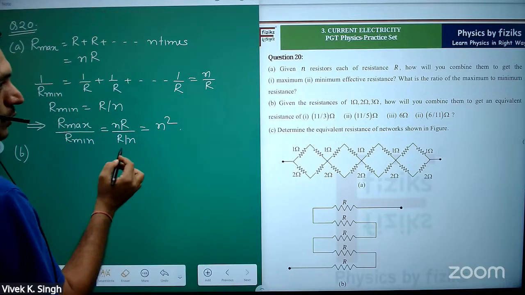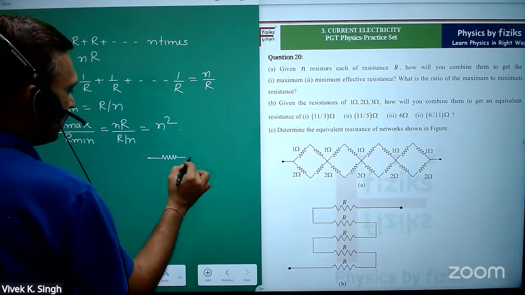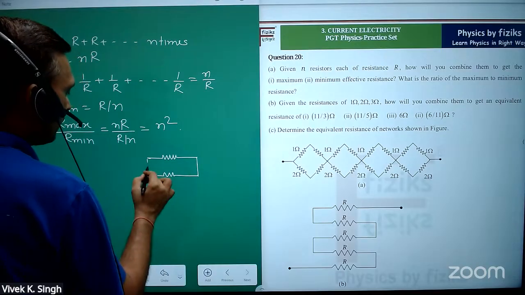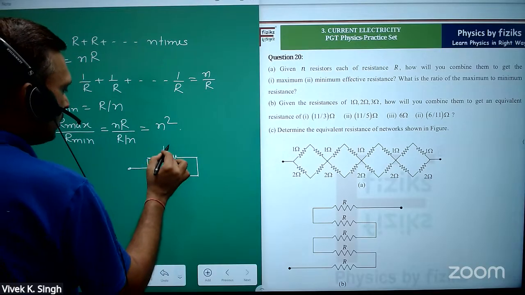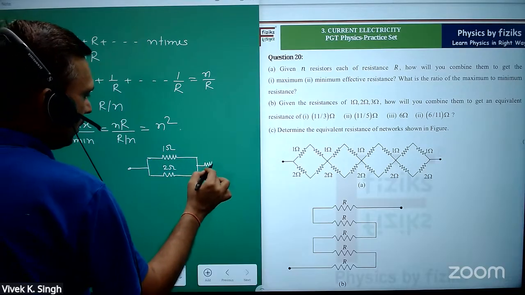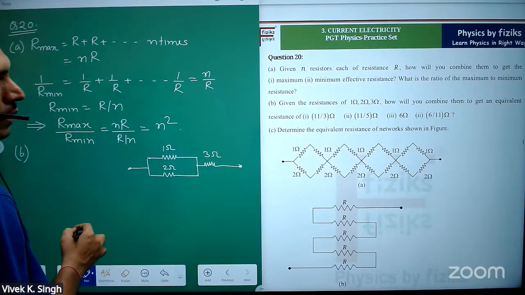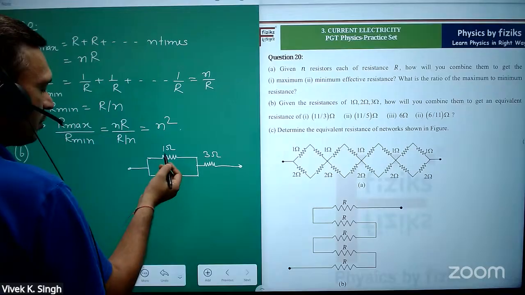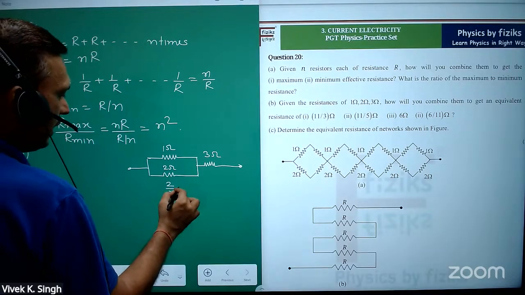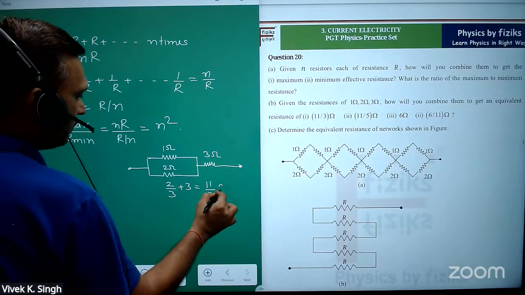Yes. So let's take this. This is 1 ohm. This is 2 ohm. And then this will be 3 ohm. Because this combination will give you 2 by 3, and plus 3 gives 11 by 3 ohm.